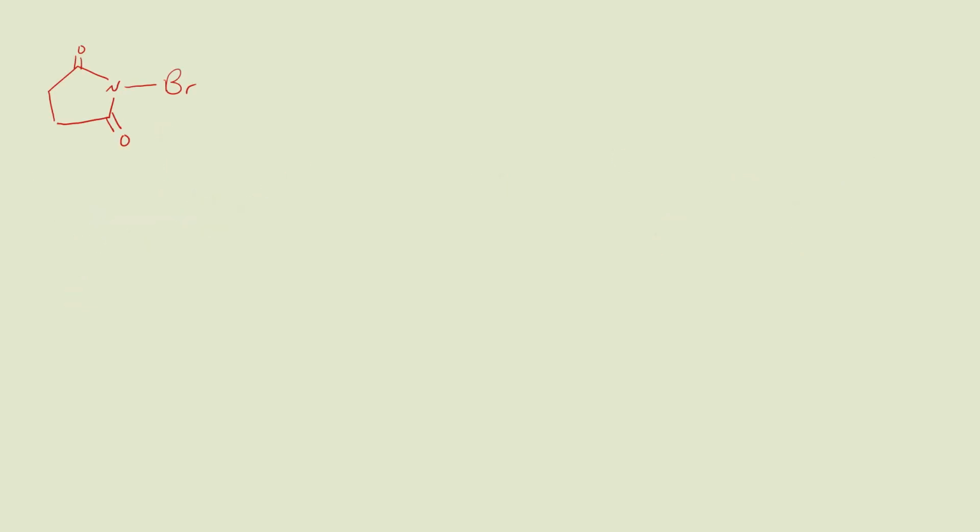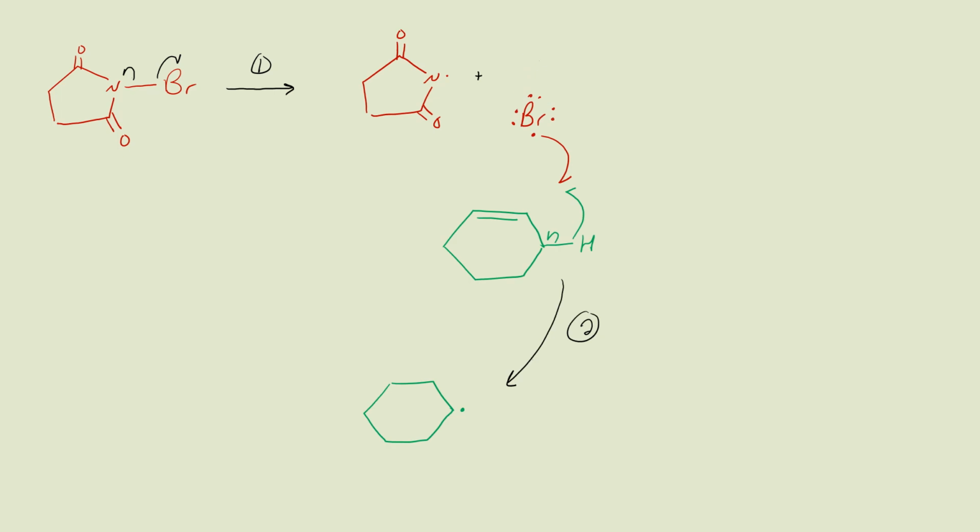Allylic bromination with NBS has the same steps as any other radical reaction. This weak N-Br bond is going to be homolytically cleaved to give you a bromine radical. This bromine radical can now interact with an allylic compound to make an allylic radical. This allylic radical can now interact with the Br2 formed by the NBS.